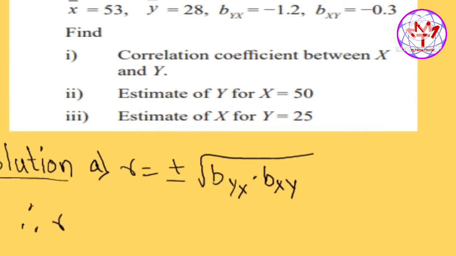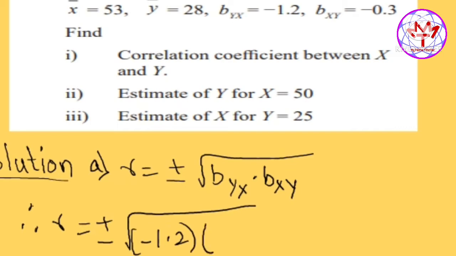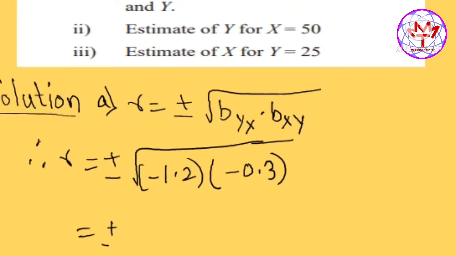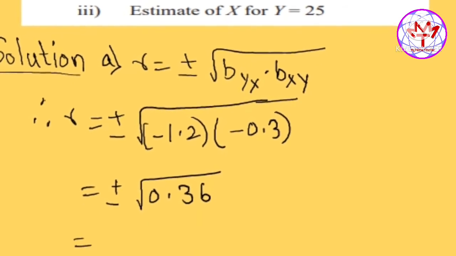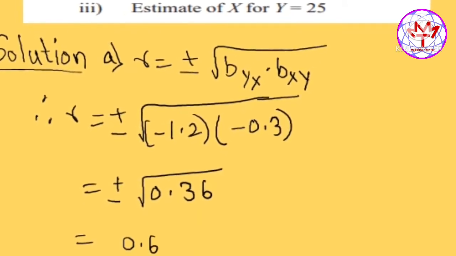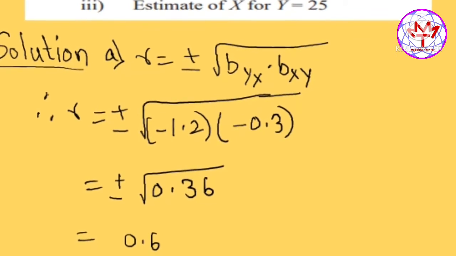Let us substitute the values. r is equal to plus minus under root byx is minus 1.2 and bxy is minus 0.3. Now this minus will become plus and you get under root 0.36. We know that the square root of 0.36 is 0.6.